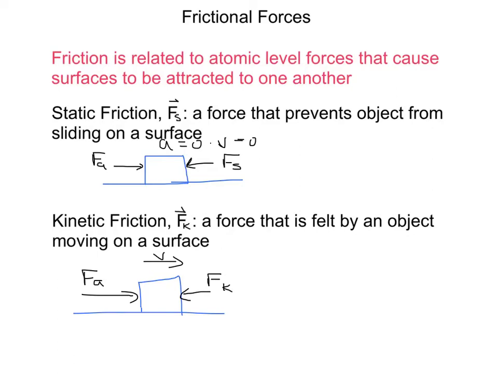So that is Fk. And remember that friction always opposes motion. Now for the most part in my free body diagrams, I'm always going to use Ff and not Fs or Fk, and I'm just going to use the appropriate friction in the problem solving. So if you see me using Ff, you just have to know whether it's static or kinetic depending on the situation.